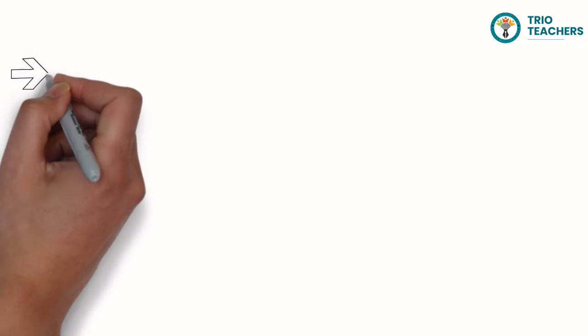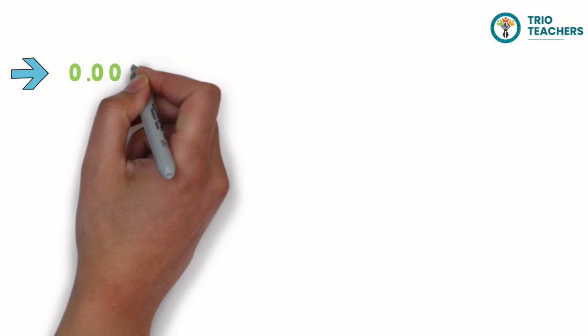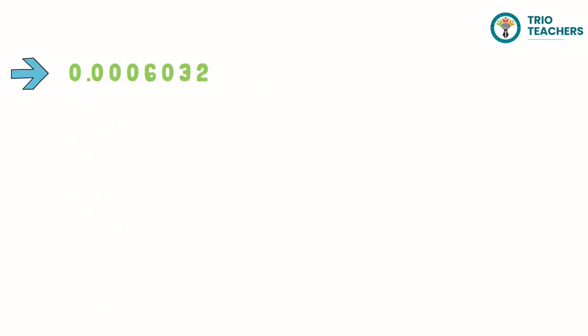Now let's move to the question. The question is 0.000632, and another one is 6.032 into 10 to the power 24 kg. The unit of this is meter square, right?